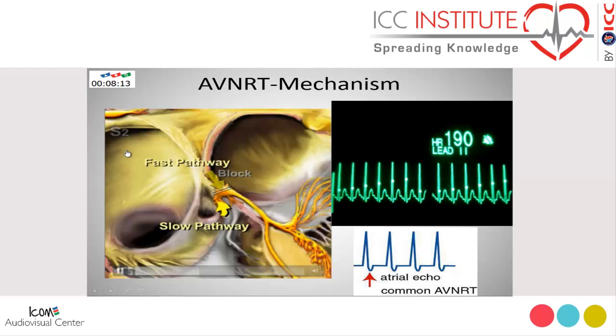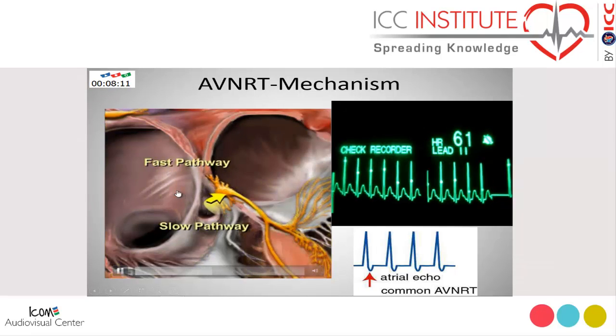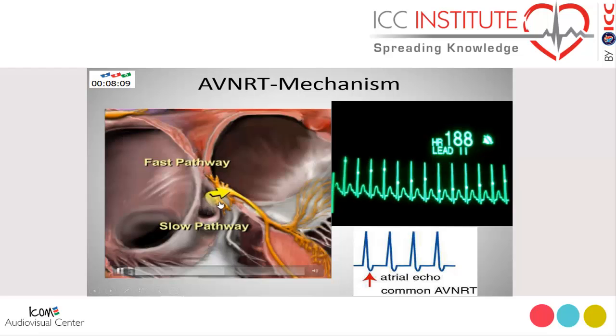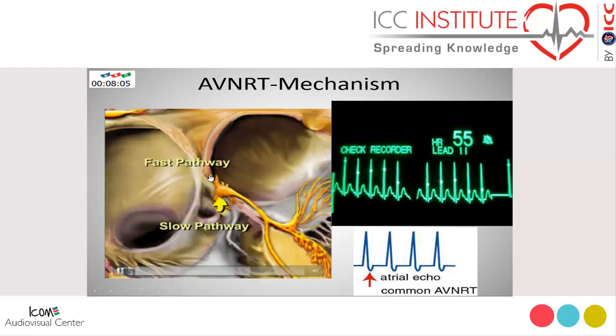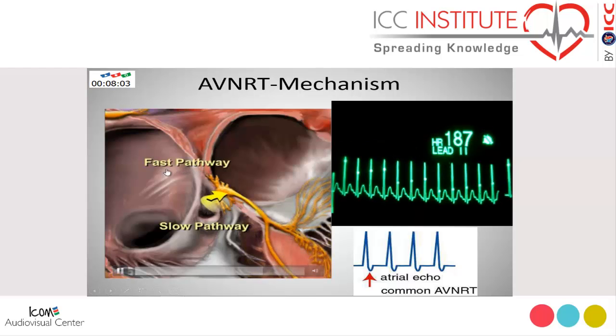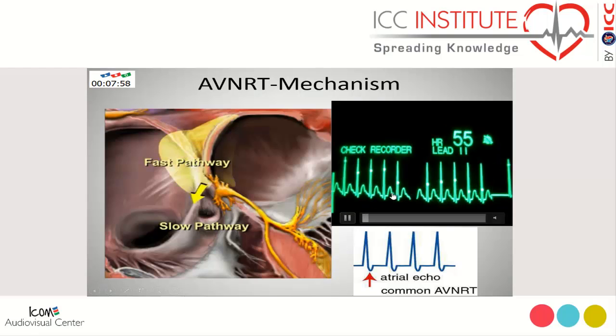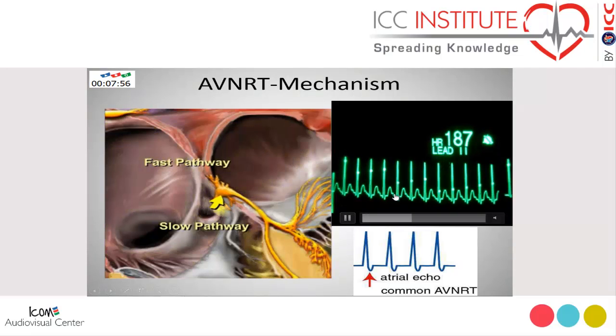The problem is that you can see here the impulse can go over the slow pathway and then activate the AV node and then re-enter the atrium through the fast pathway and re-excite the atrium and goes back again in this fashion, producing this narrow complex tachycardia as we see here.